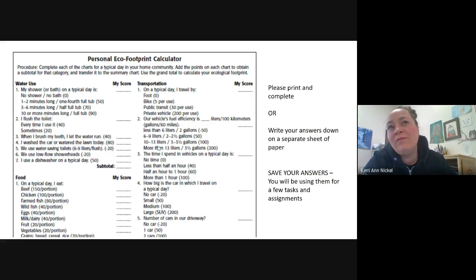Now, we've got a little bit of a choice here with this whole isolation and quarantining with COVID. In fact, we actually are having probably a lower ecological footprint. So you can decide whether you want to do these results based on what you're currently using or based on what your typical lifestyle was before.